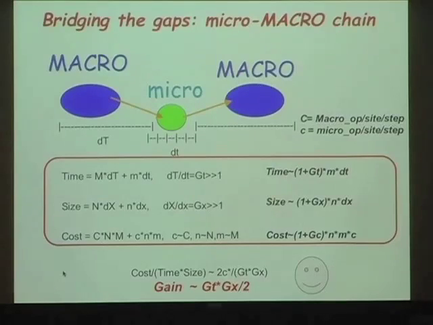I have a quick question about coupling the micro and the macro systems. You mean the red, the yellow arrows? Yeah. When you're discussing this, in my mind I'm imagining, for instance, in turbulence, you might in the micro state be modeling the actual interactions of the molecules, and then in the macro sections you would be doing fluid dynamics, where each grid cell might be like 10 to the 10 molecules.